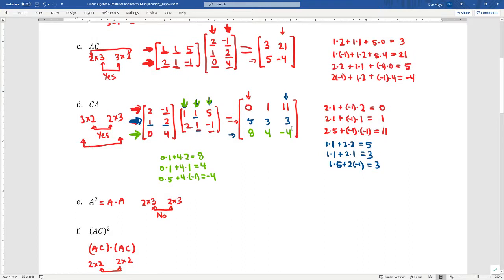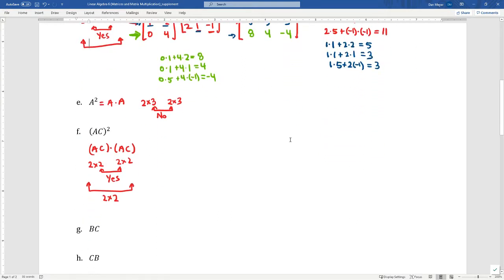And we can go ahead and dig into that. Let's see, the matrix AC is 3, 21, 5, -4. And we're going to multiply that by itself: 3, 5, 21, -4.